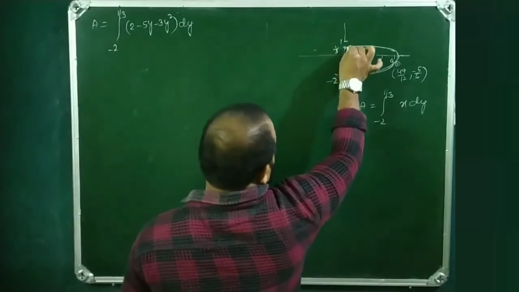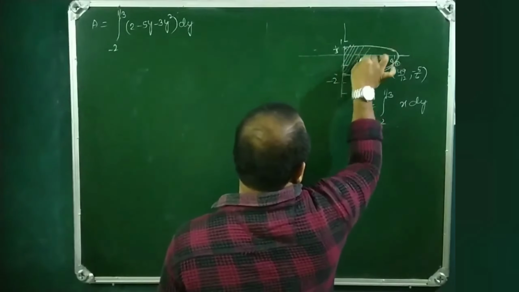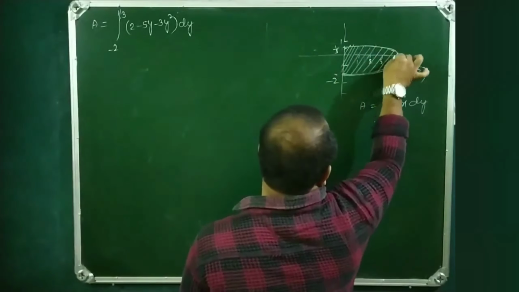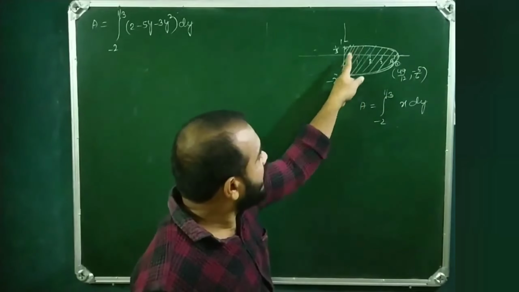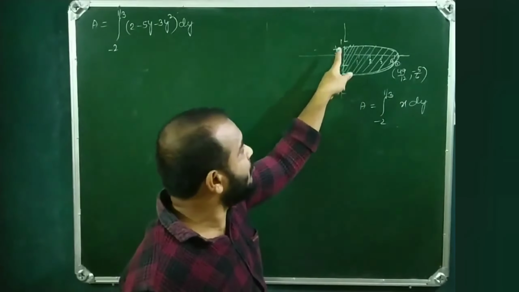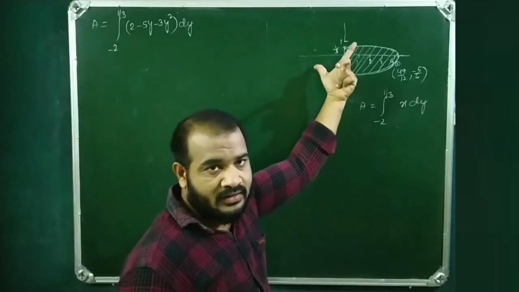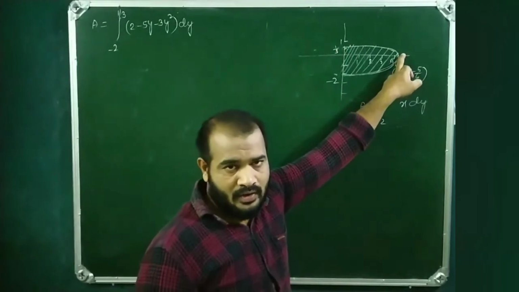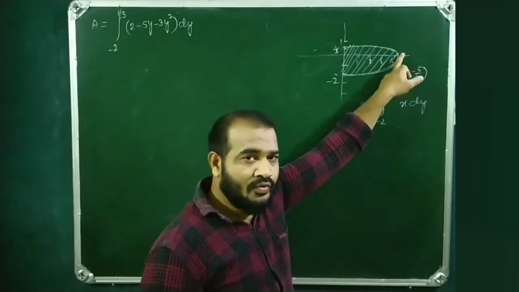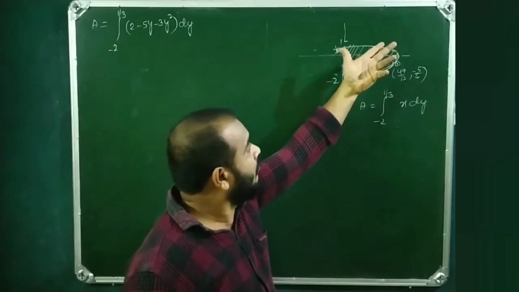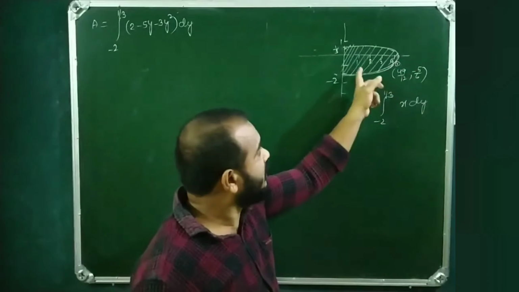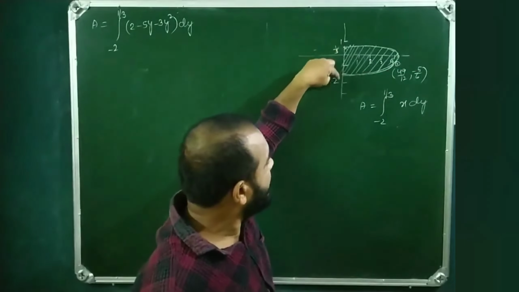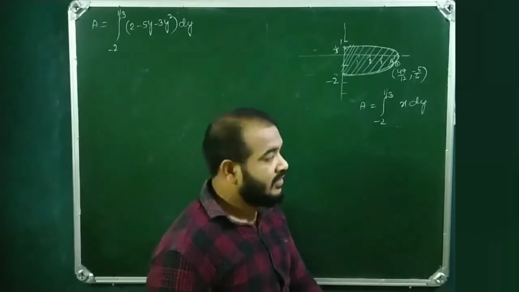So we need to get this area. But this is not symmetric about the x-axis, because 1 by 3 is here and minus 2 is here. Had it been minus 2 to 2, it would be symmetric, so we would evaluate from this to this and multiply by 2. But that is not the case here.